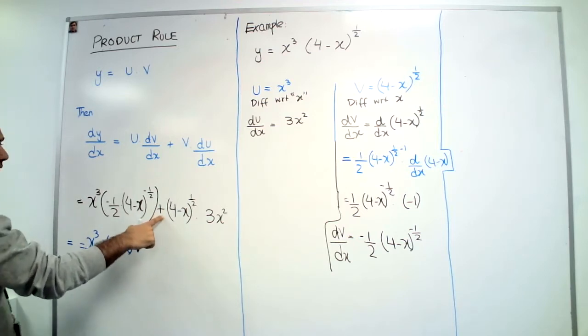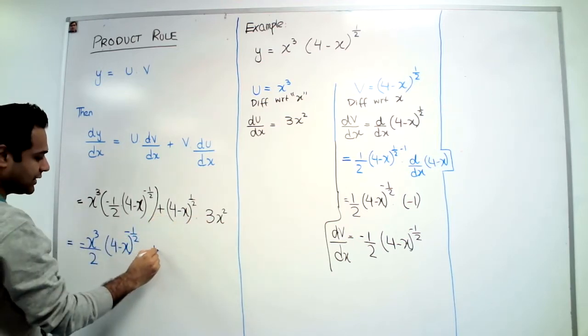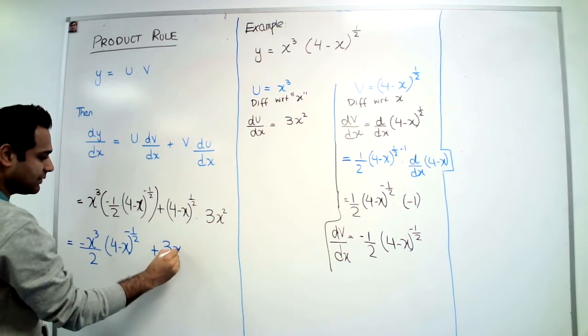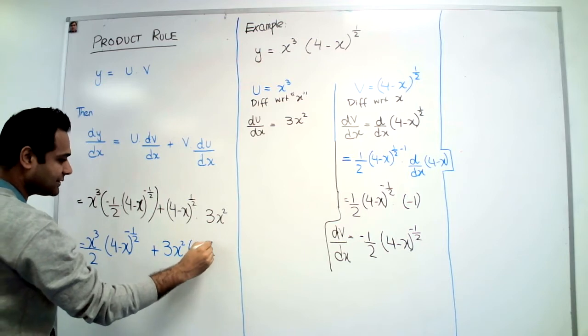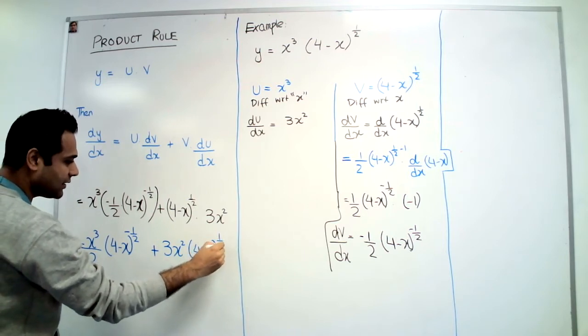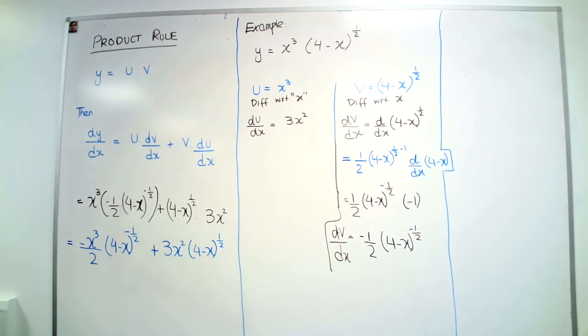This is plus, and the best thing to do is write 3x squared times 4 minus x to the half. That is going to be your dy over dx. Answer.